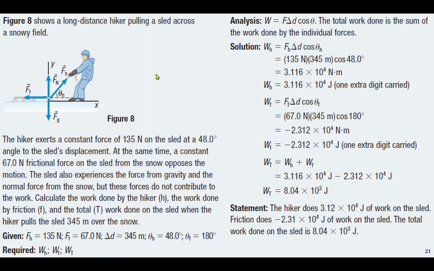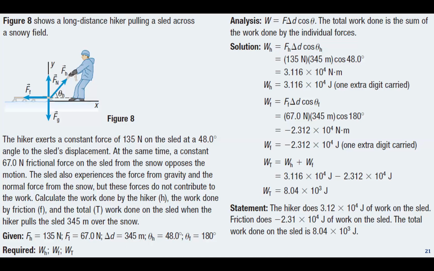First of all, WH equals FH delta d cosine theta H. Put all the values in, we have WH equals 3.116 times 10 raised to the power 4 joules. And WF equals FF delta d cosine theta F, which is approximately negative 2.312 times 10 raised to the power 4 joules.